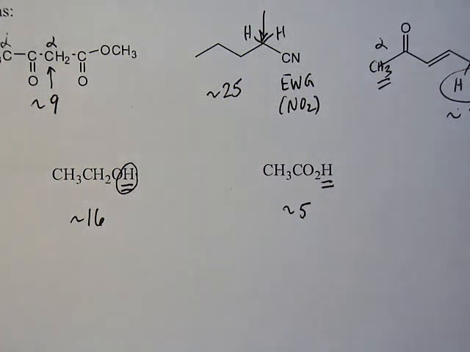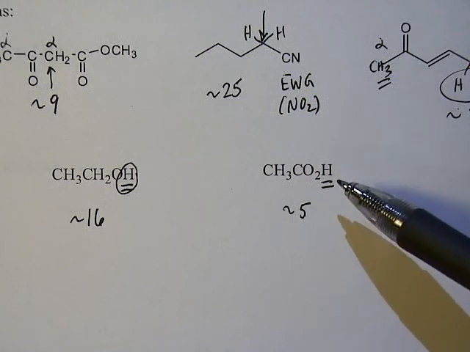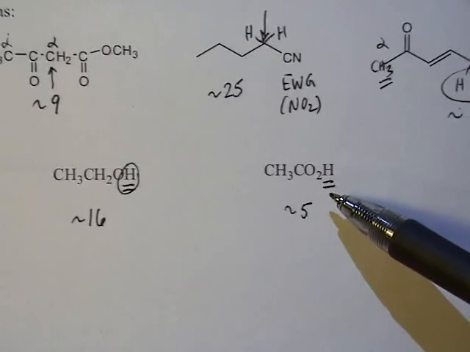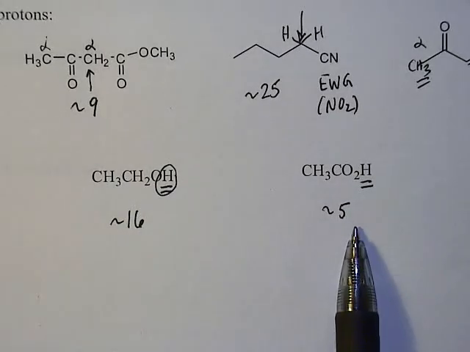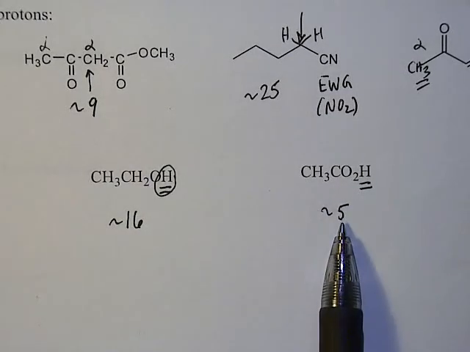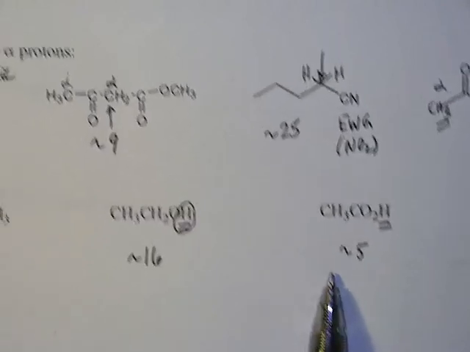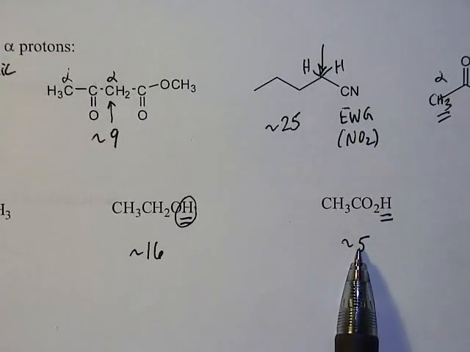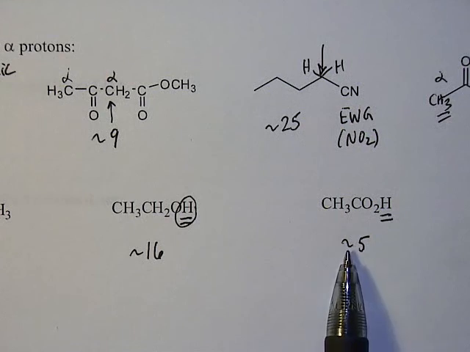So even though we keep saying these alpha hydrogens are acidic, compared to the carboxylic acid proton, they're still not as acidic. Look at the numbers. The lower the pKa, the more acidic. So that's why out of all the organic compounds, we say the carboxylic acid is the organic acid.